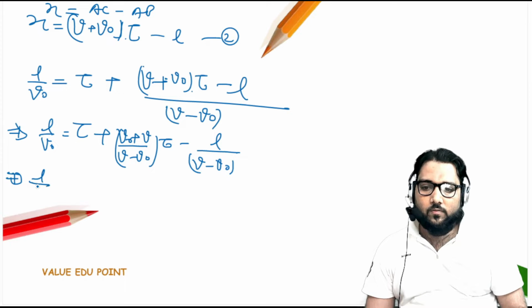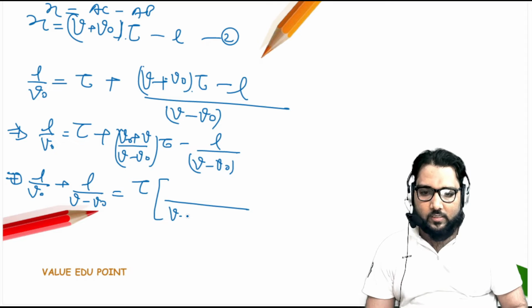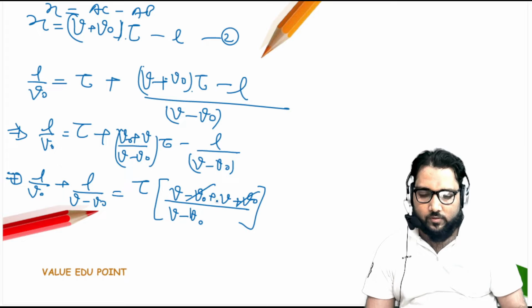Come along. If we transfer to this side, then this will come V − V₀. And if I take τ common, and if I take LCM, so LCM will come V − V₀. Is it okay, guys? So here coming V − V₀ + V + V₀. Here V₀ cancels out.